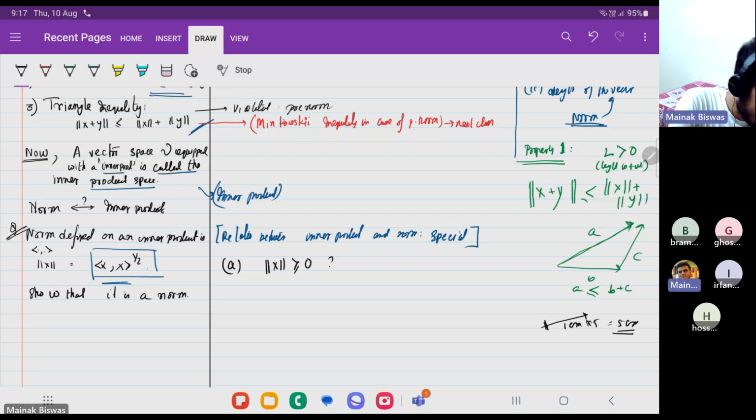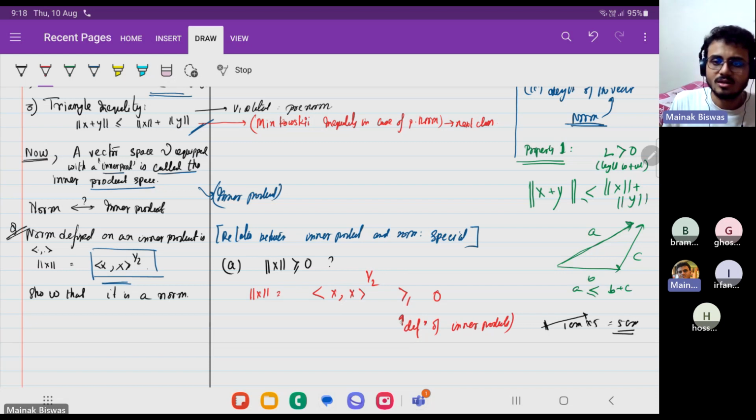If you are not following, tell me. How have I defined the norm of x? The norm of x is the inner product of x with x, to the power half. Yes or no? This is for my inner product norm. What do you remember about the similarity between the same vector? It's always positive, from the definition of inner products.